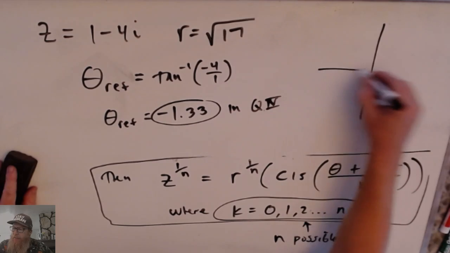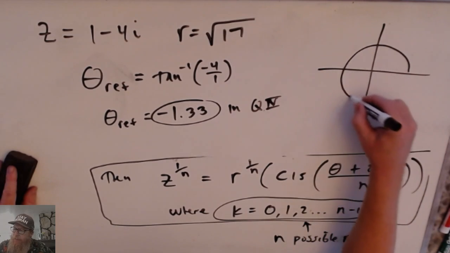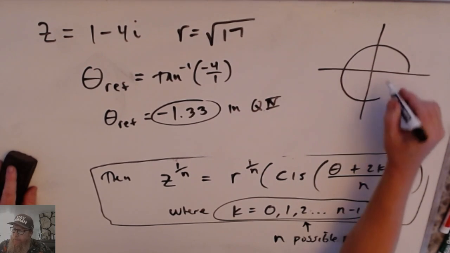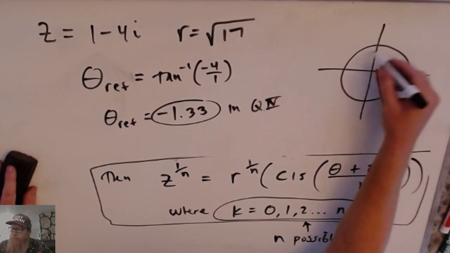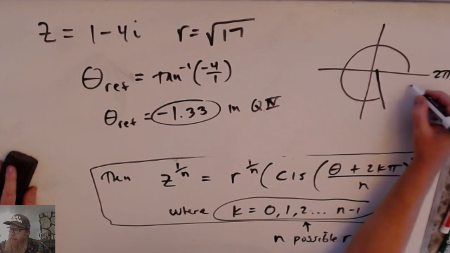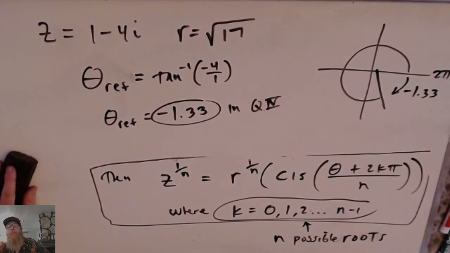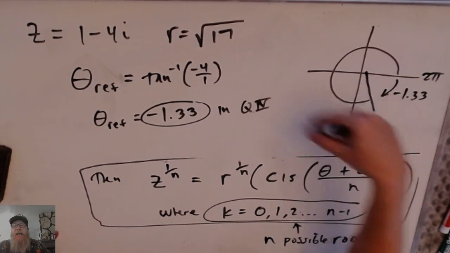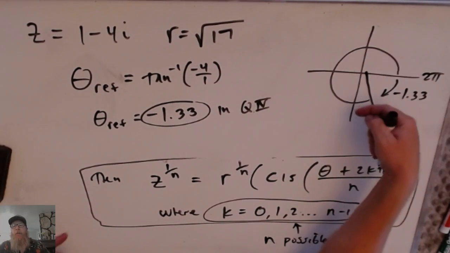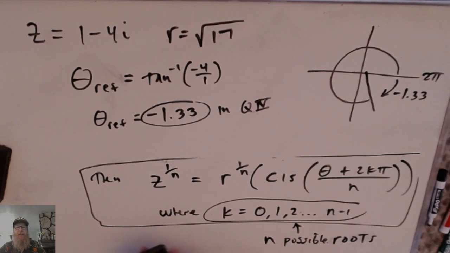So we want 2 pi minus 1.33, because 2 pi is one whole rotation, and then we're going to go minus 1.33. I want the smallest positive angle that I can get.